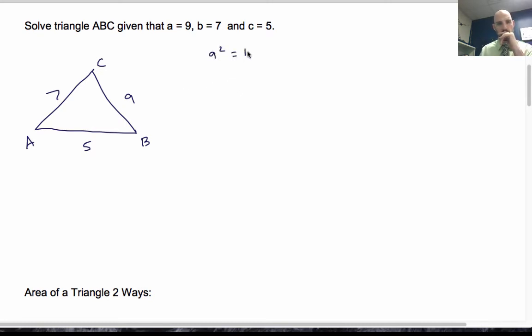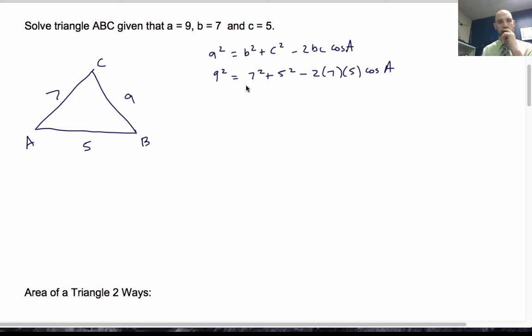A squared equals B squared plus C squared minus 2BC cosine of A. And I've got that memorized because I've got this A, and then everything in the middle matches up. So 9 squared equals 7 squared plus 5 squared minus 2 times 7 times 5 times the cosine of A. So when I've got this, this is not something I can put into my calculator.